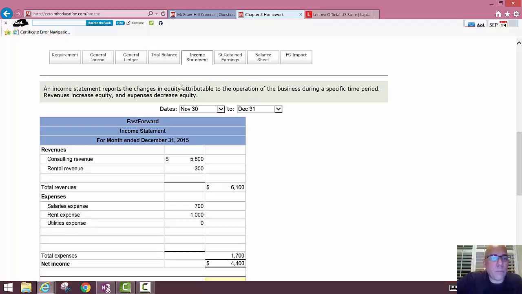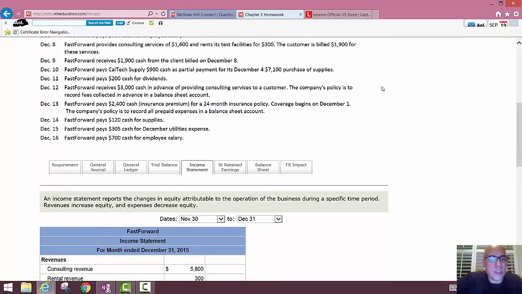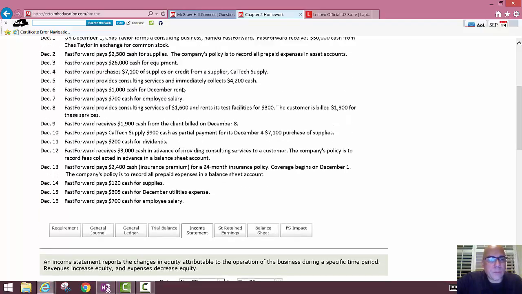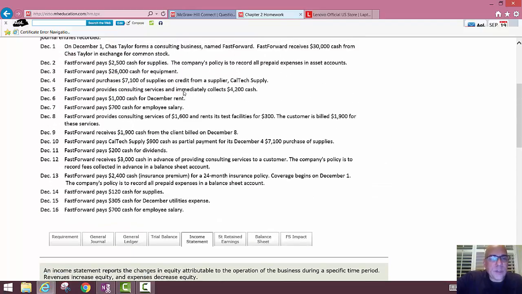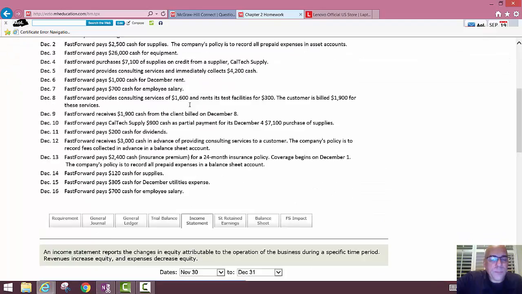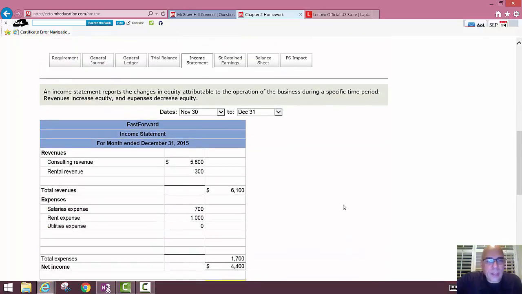We're paying it out in a dividend. And again, it's a little unrealistic for us to be paying a dividend after we've been in business for all of 15 days or whatever, but they just want to show you how that impacts the statement of retained earnings. All right, good. Let's take a look at the next transaction.